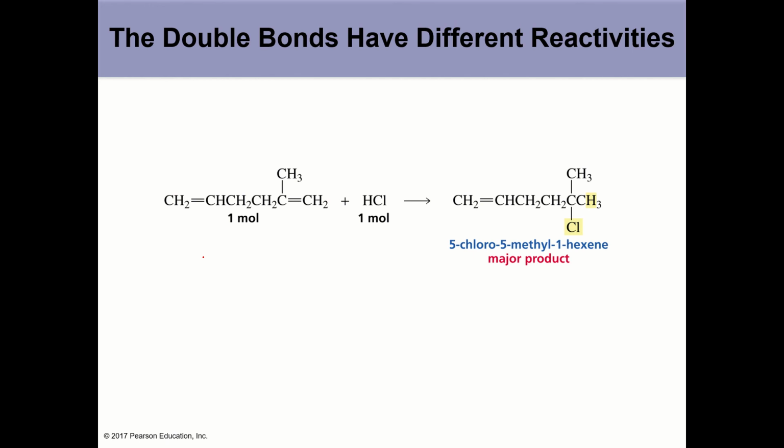So here we have a geminal disubstituted pi bond on the left of the molecule, and a monosubstituted pi bond on the right of the molecule. We know that the geminal disubstituted one is more stable, and so should have more reactivity.